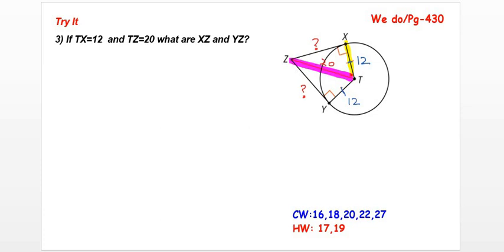Now how can we find this segment? Let's consider the triangle XZT. It's a right angle triangle, as you can see they have mentioned here. In this right angle triangle, 20 is the hypotenuse, 12 is one of the legs, and they want us to find the other leg.